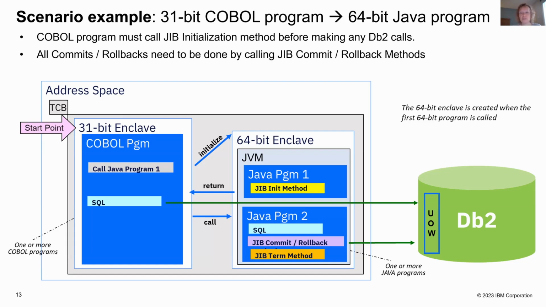That would end the unit of work in Db2 and consistently give the information back to the LE environment. And at the end, you would do a JIB terminate, which brings down the Db2 connection in an orderly fashion before the batch job closes. So this is how it works.